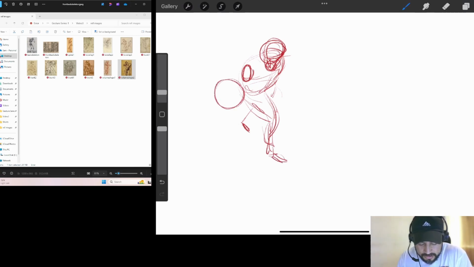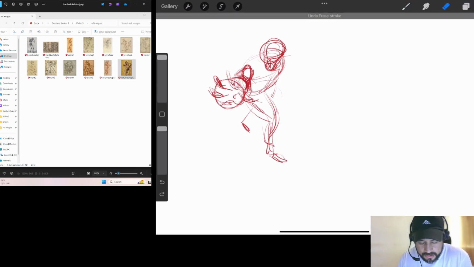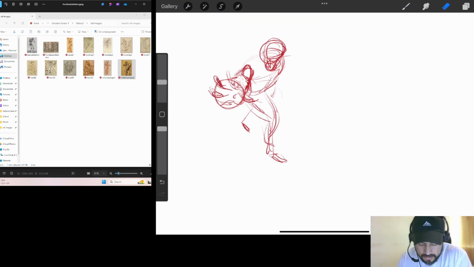If I've got this guy raising his arm towards me and his hand is coming at me like that, I think of his arm as a series of tubes. This is the hand. You've got that tube going over the back tube there.